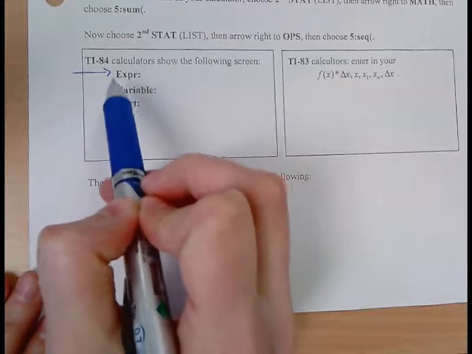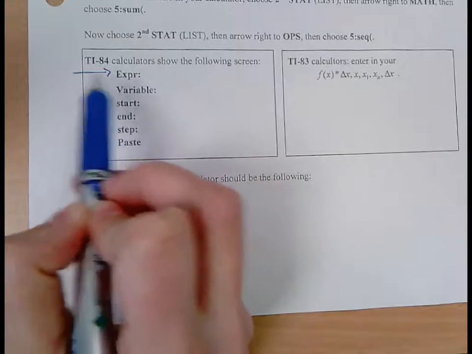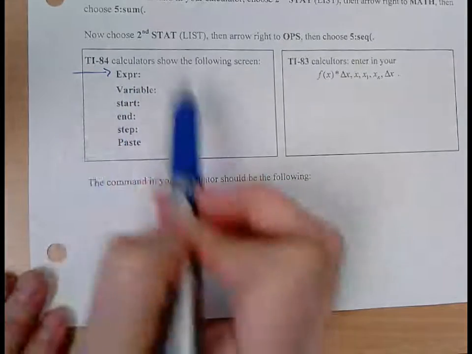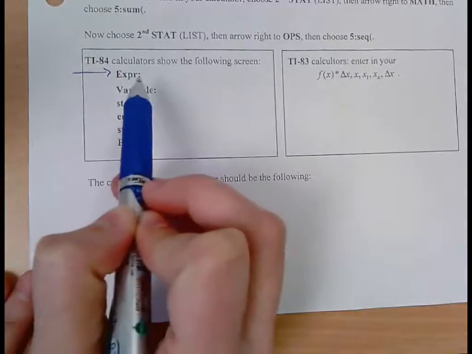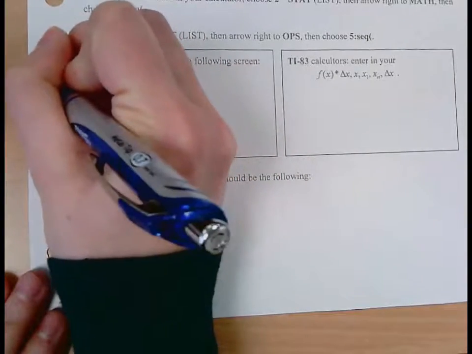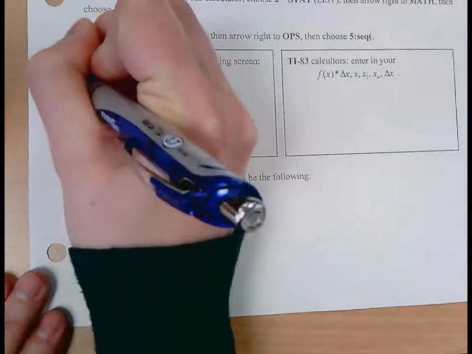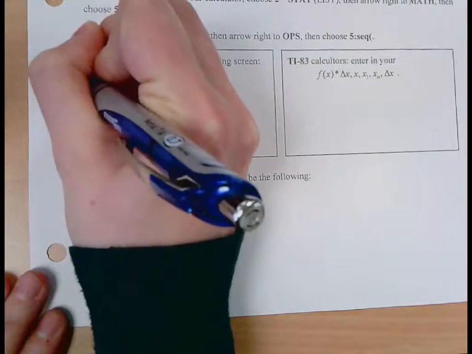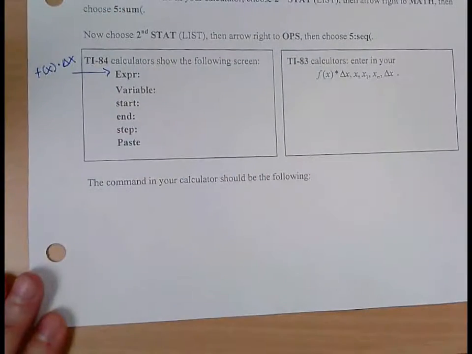So, expression, EXPR. What you need to type in here, this is only if you got this screen, is your function f of x multiplied by your delta x value.